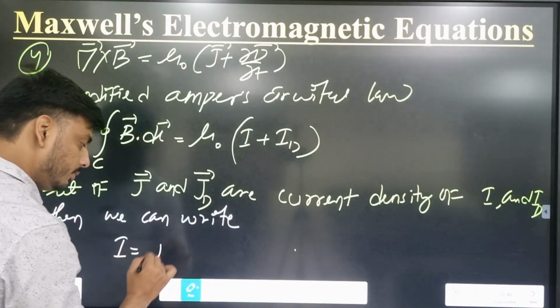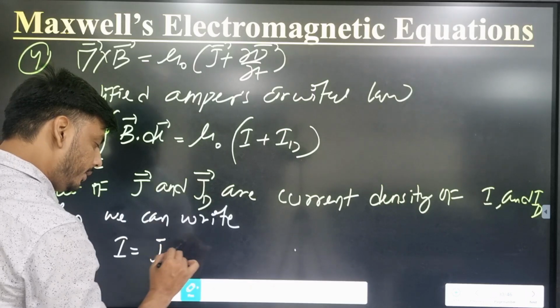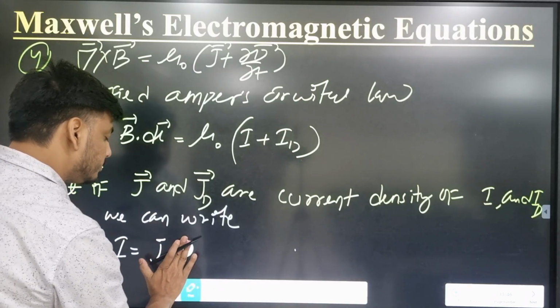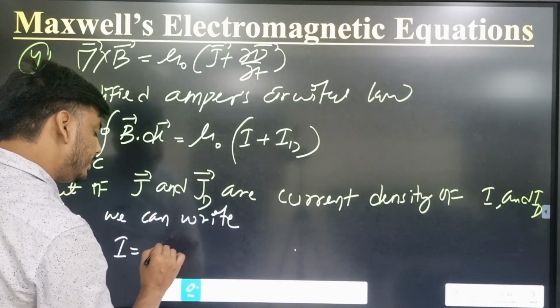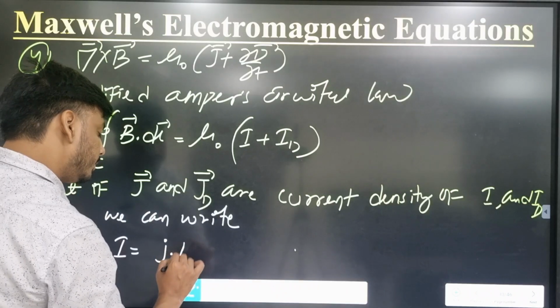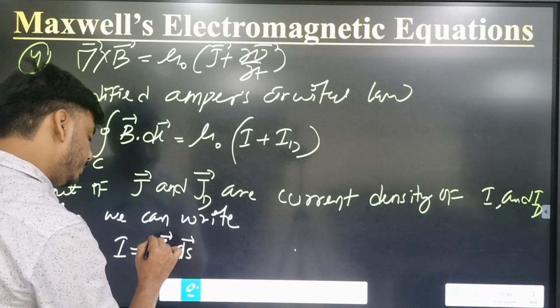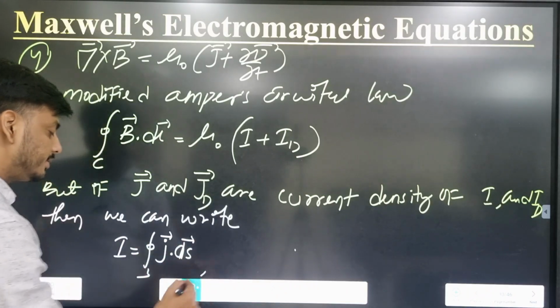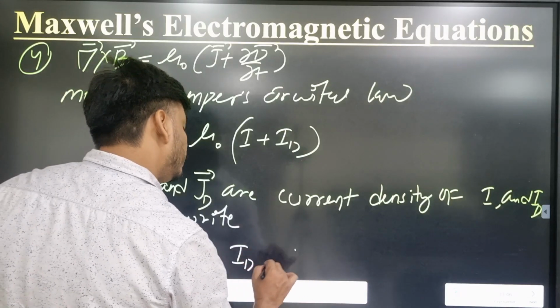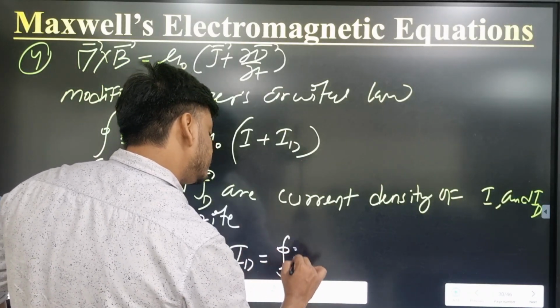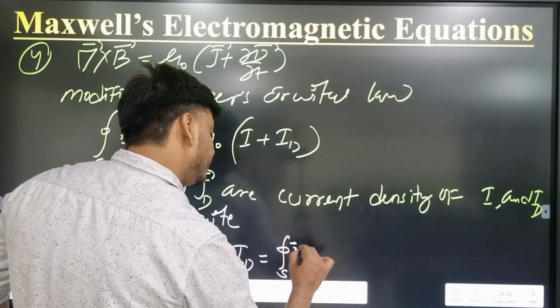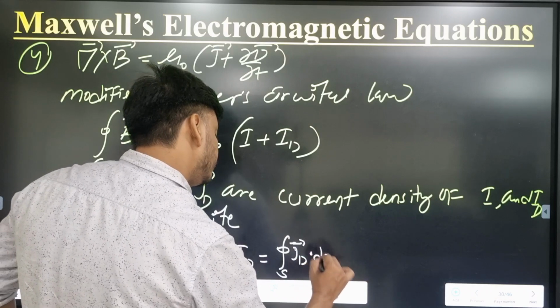I equal to J dot A, or in terms of a small area you can directly write the integral over S of J dot ds. Similarly, I_D equals the integral over S of J_D dot ds.